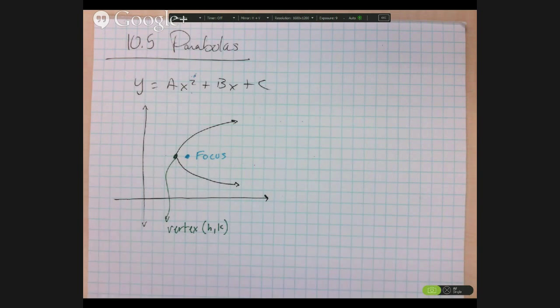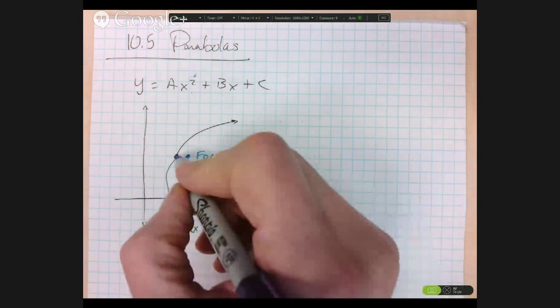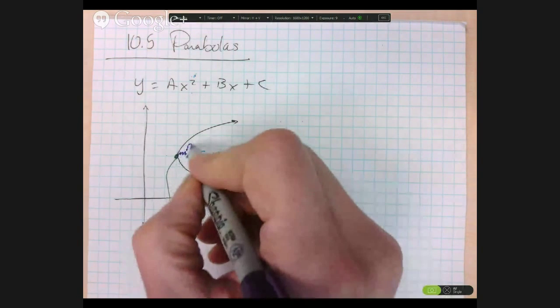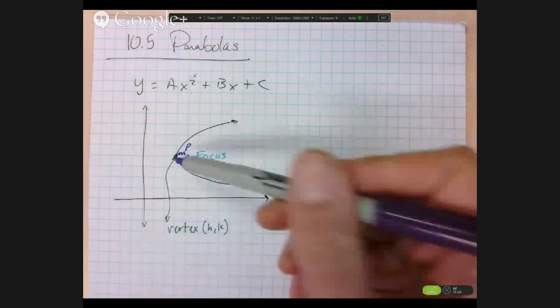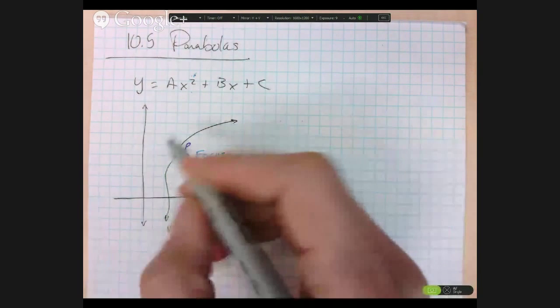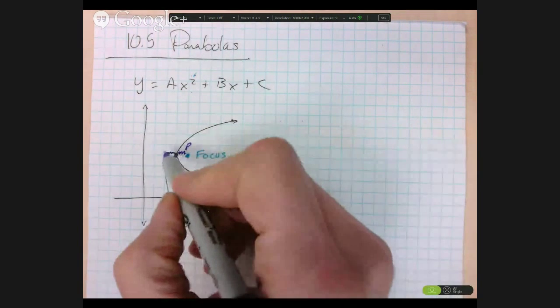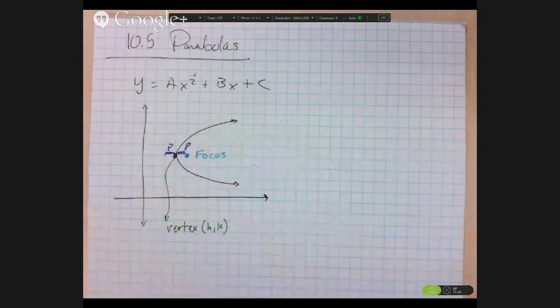From there, there are two things we can do. There's this value called p. p is the distance from the vertex to the focus and the vertex to what we call the directrix.